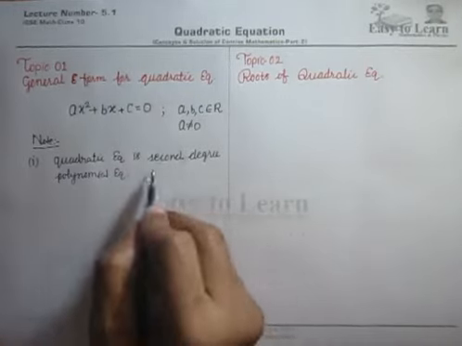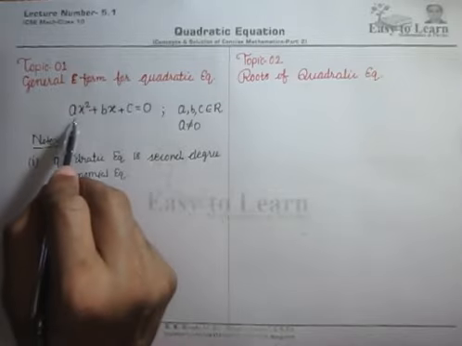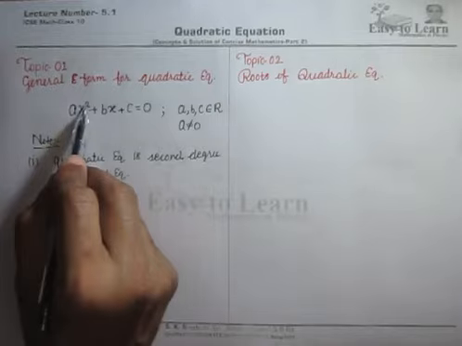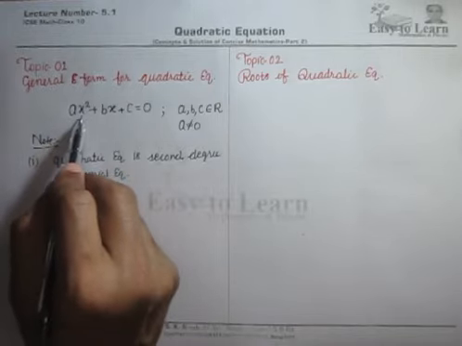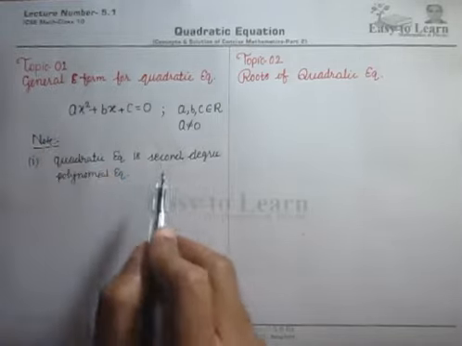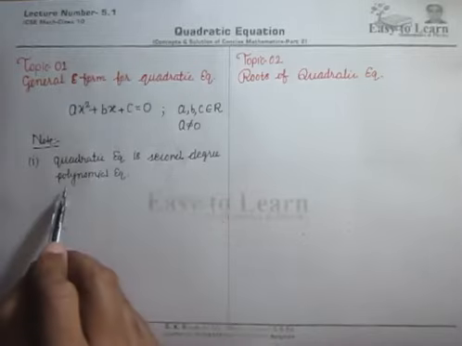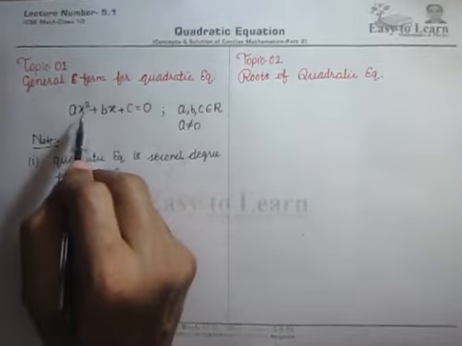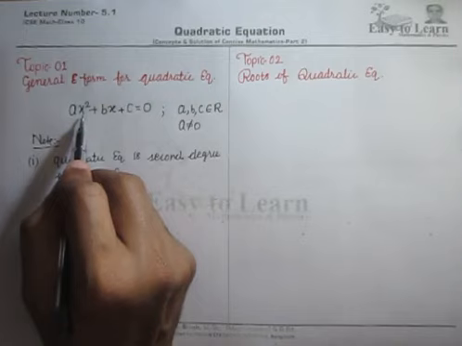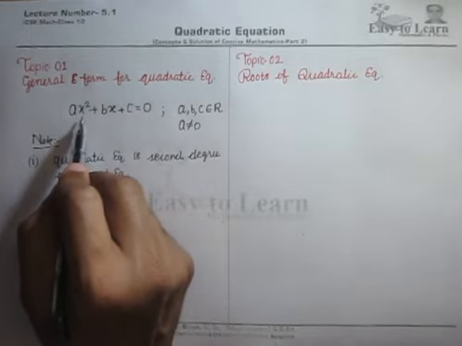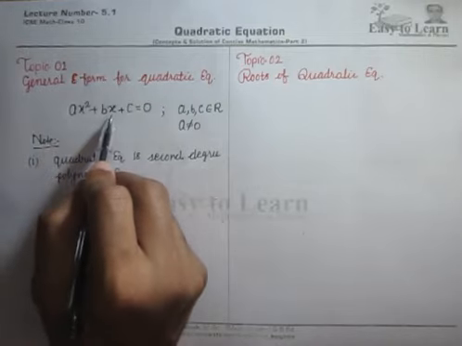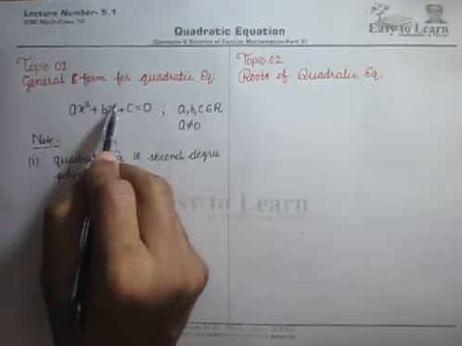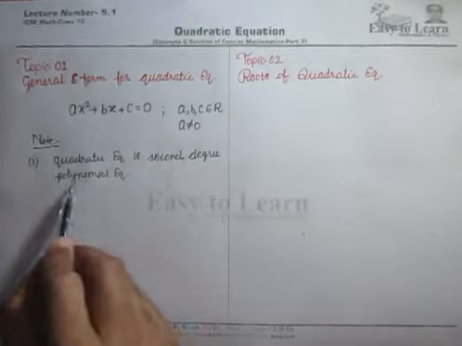Why is it second degree? The highest degree of the variable in a quadratic equation is 2. So that's why it is called a second degree equation. And why is it called a polynomial equation? Because each power of the variable is a natural number. Here the power of the variable is 2, which is a natural number. Here the power of the variable is 1, which is a natural number. So that's why it is a polynomial equation.